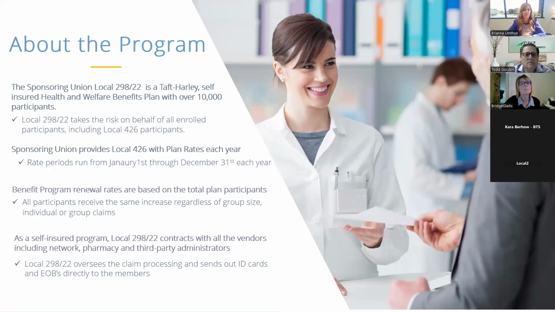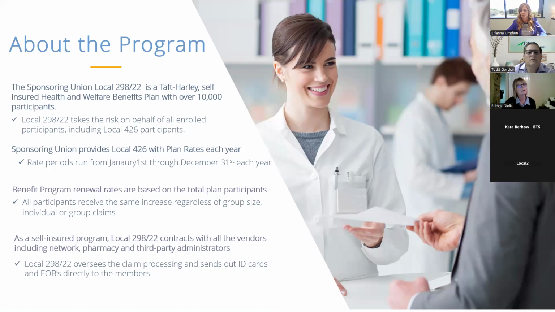The sponsoring union that we're accessing is a self-insured Taft-Hartley Health and Welfare Fund. It currently has over 10,000 participating members. Because they're self-insured, they're taking all the risk on behalf of all the enrolled participants, meaning their membership proper, as well as our Local 426 members.